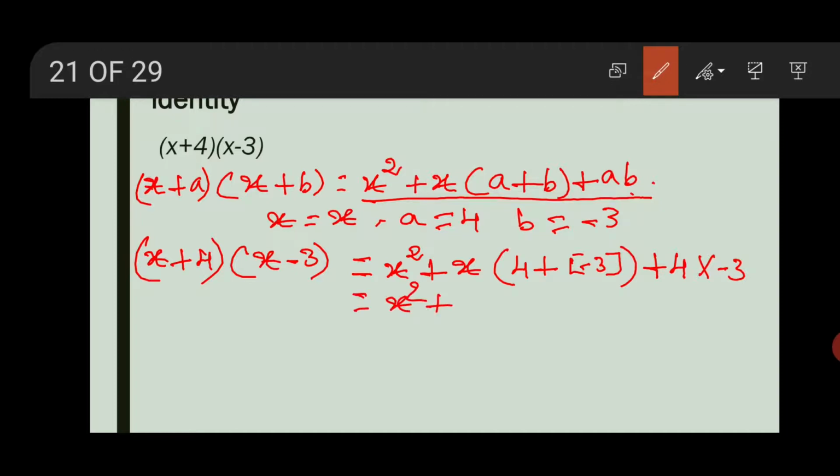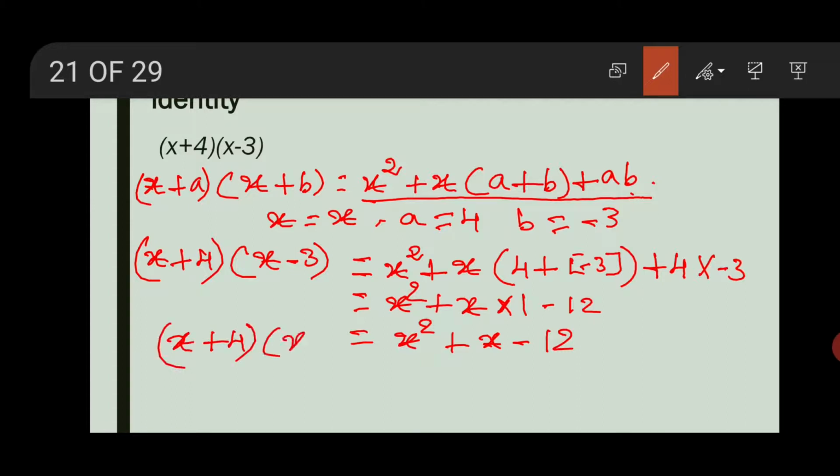That is x square plus x into (4 minus 3, which is 1), then 4 3s are 12, so minus 12. This is equal to x square plus x minus 12. Therefore (x + 4)(x - 3) is equal to x square plus x minus 12.